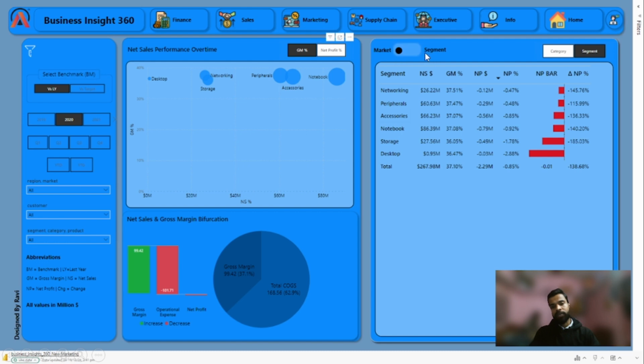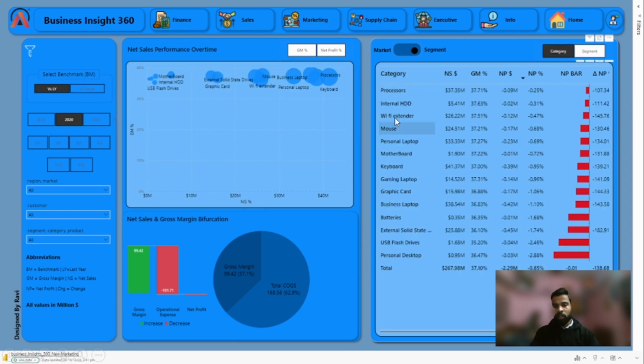This chart shows the relation between market and segment. Here we can use the toggle button to switch between market and segment. In category we can see the net sales, gross margin, and net profit percentage by category and by segment as well.